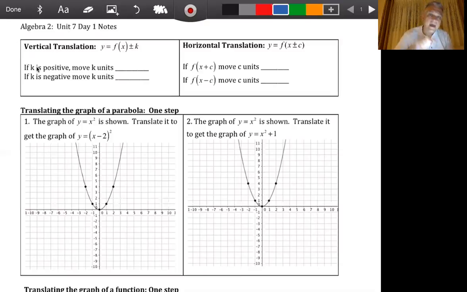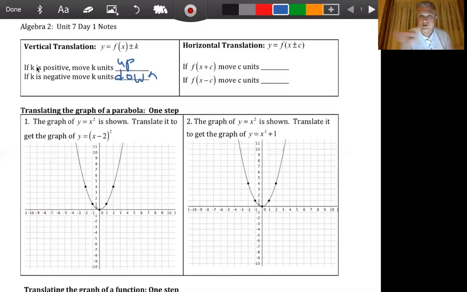If it's not with x, it affects y. The y-axis goes up and down, so it's vertical. If k is positive, we move up k units. If k is negative, we move down k units.